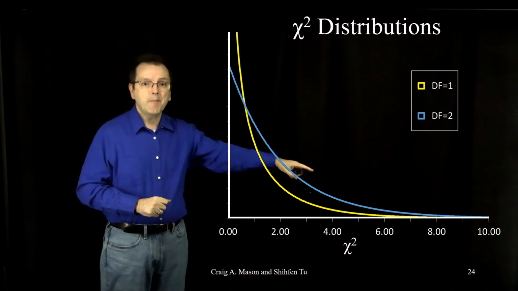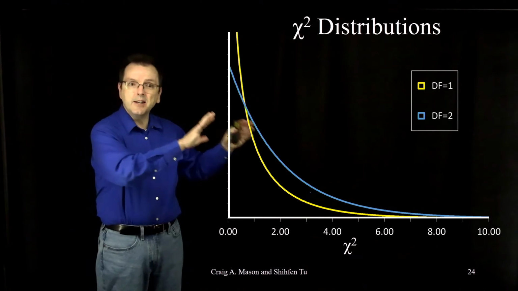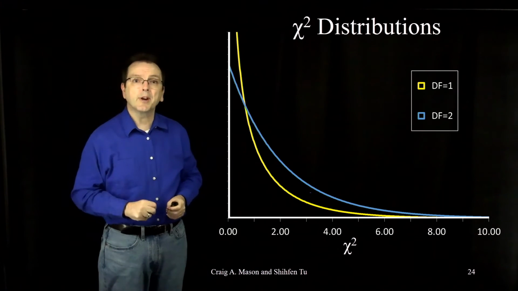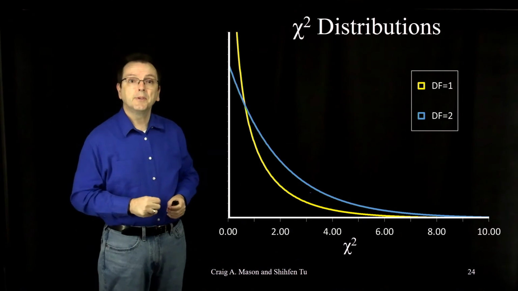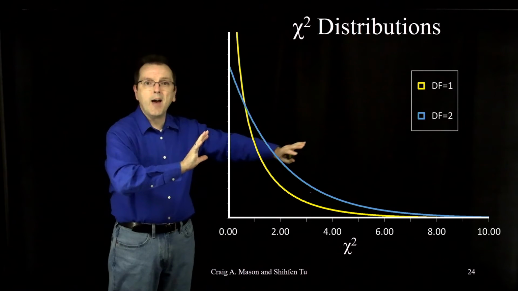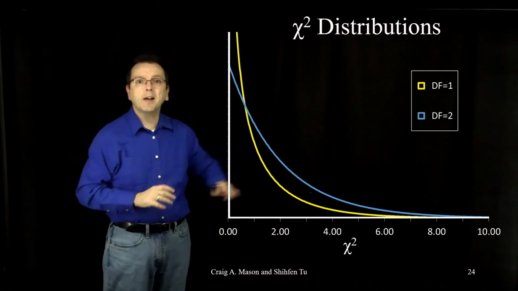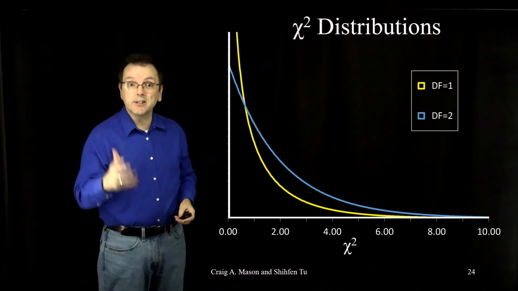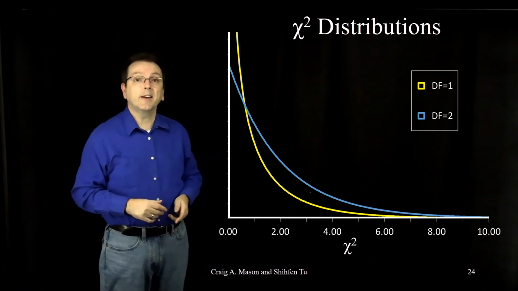Now here, I'm adding in another chi-square distribution when we have 2 degrees of freedom or 3 groups. Notice that it's starting now to spread out a little more with the higher possible values because we're adding in results for an additional group when we're calculating our chi-square.